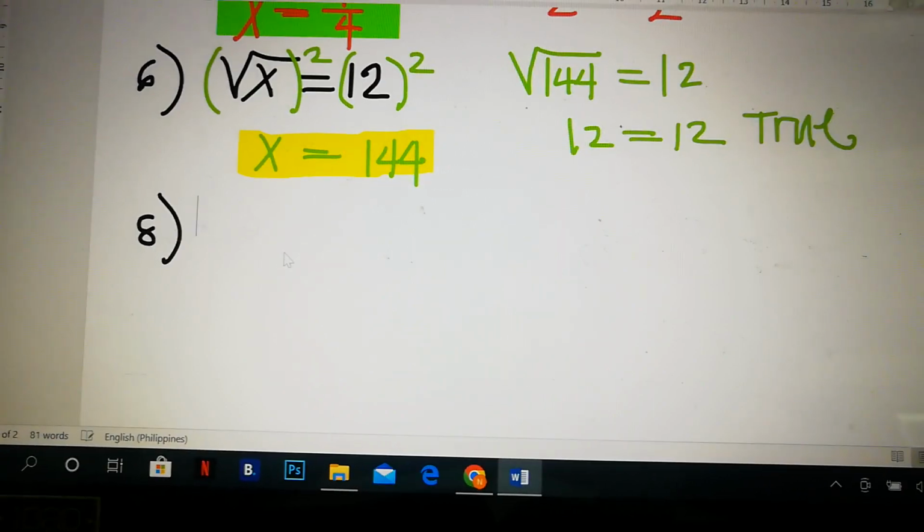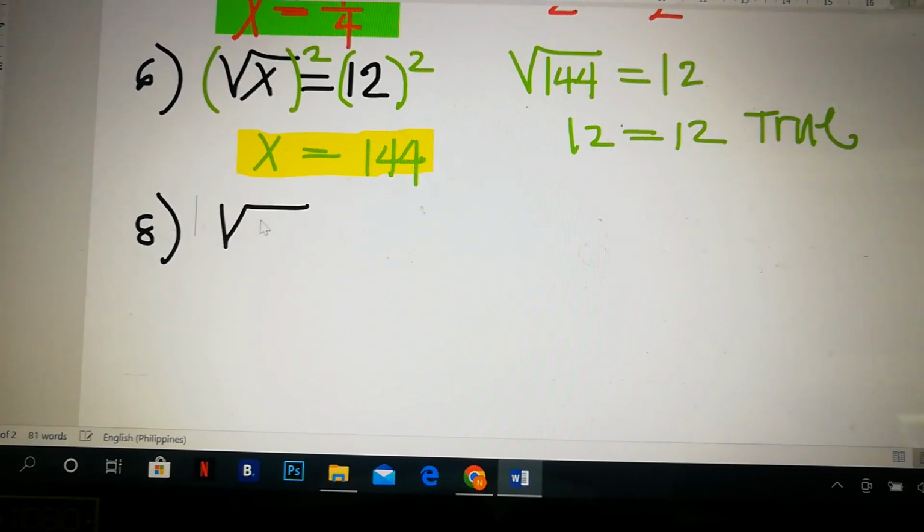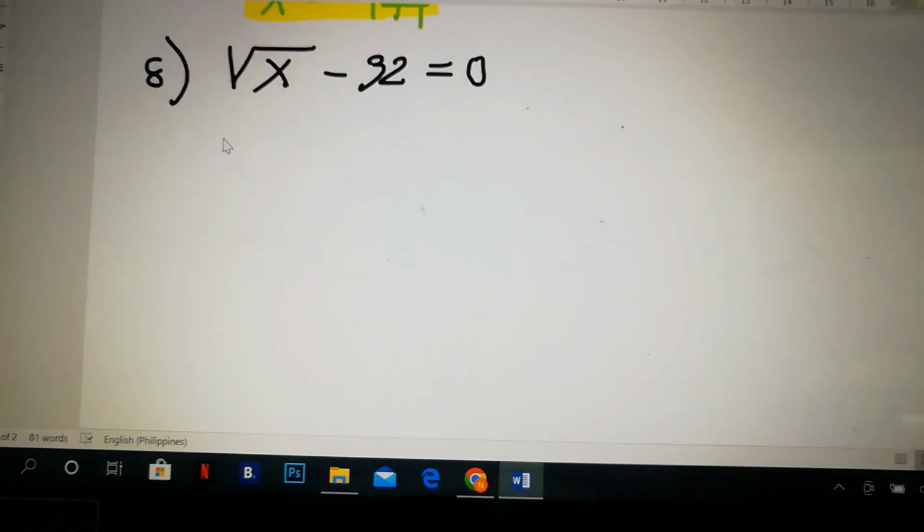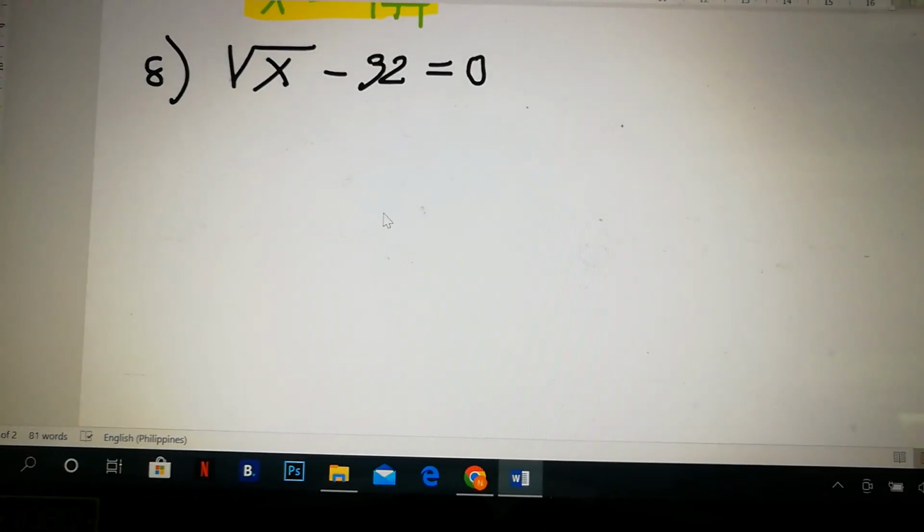Number 8 is square root of x minus 32 is equal to 0. You need to transpose the negative 32 to the other side of the equation.